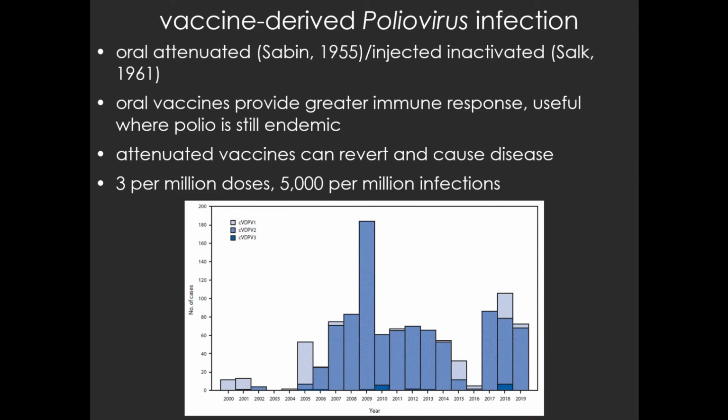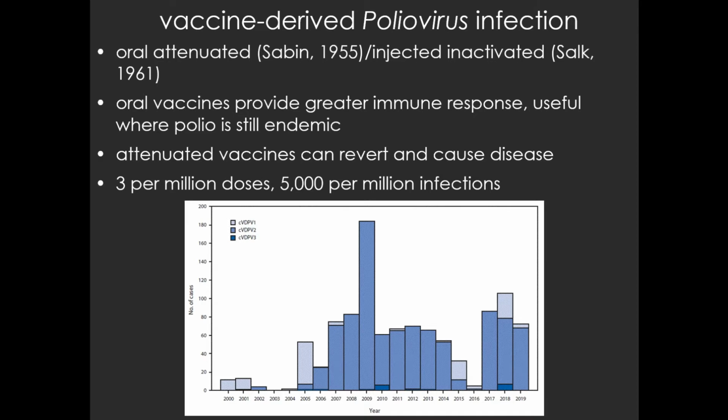Now, the problem with the attenuated vaccine is that some of them have reverted to a more wild type form and they actually cause polio. So vaccine-derived poliovirus infections happen as a result of someone having been given the vaccine, and the rate of infection is about 3 per million poliovirus vaccinations as opposed to a rate of 5,000 per million infections if you were to contract polio.